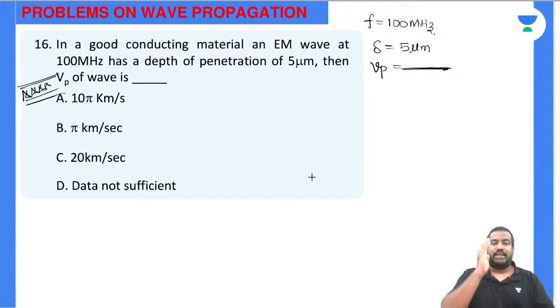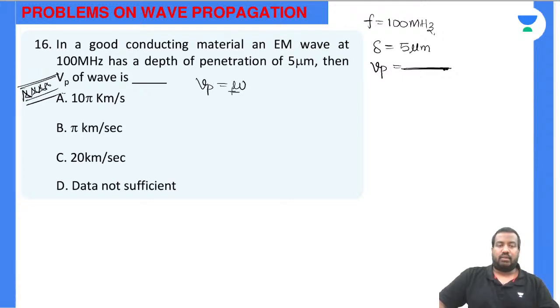So what is the answer? Is the data sufficient? In a good conducting material, an EM wave at a frequency 100 megahertz has a penetration depth of 5 micrometer, then Vp, the phase velocity, is omega by beta. Omega you can find when f is given: 2 pi f by beta.